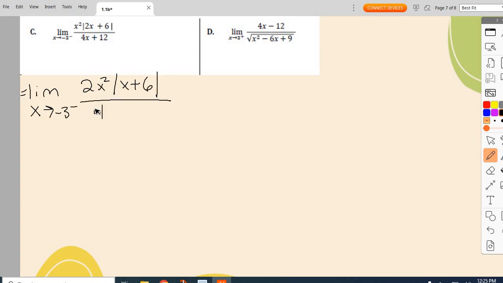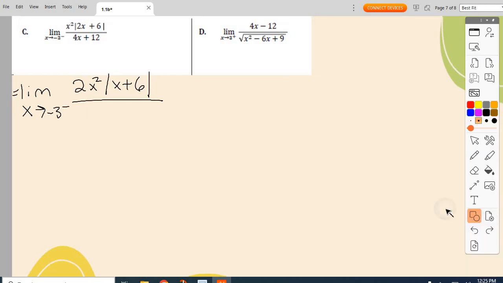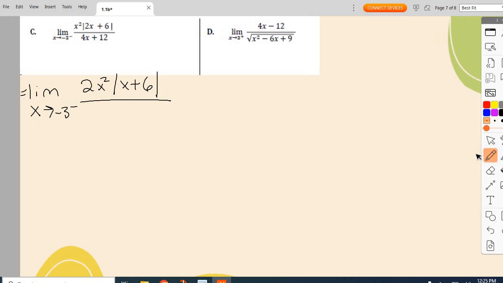Now, we can factor out a 4 from the bottom. Okay, so now, yes, we have absolute values, which means that we have to look at both cases, a positive case and a negative case.